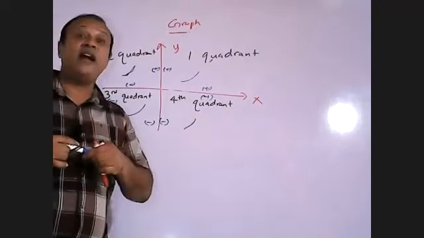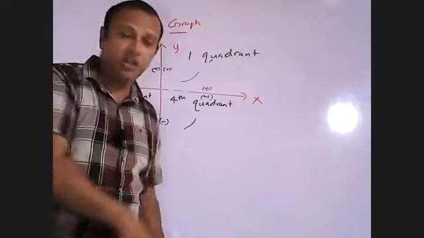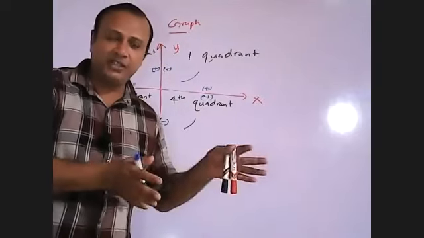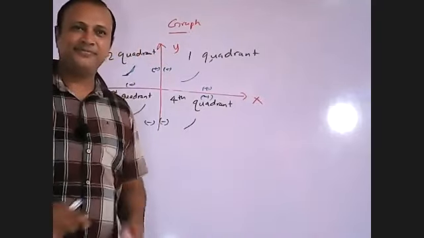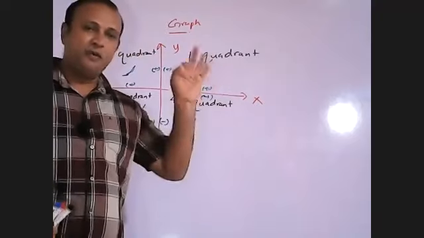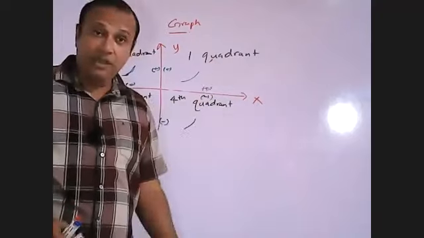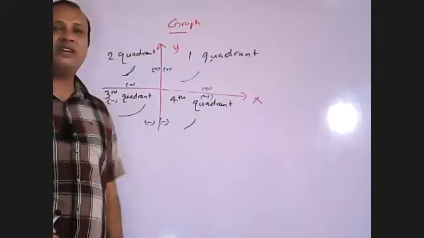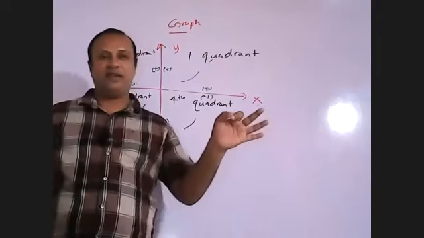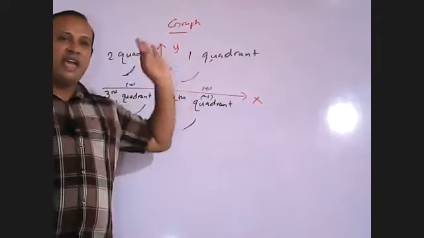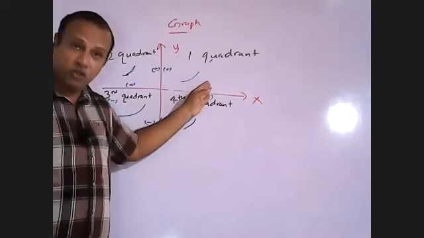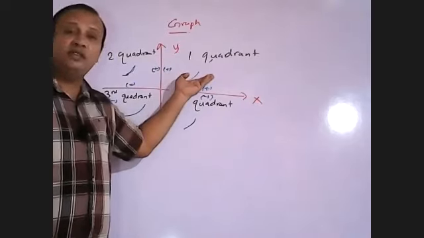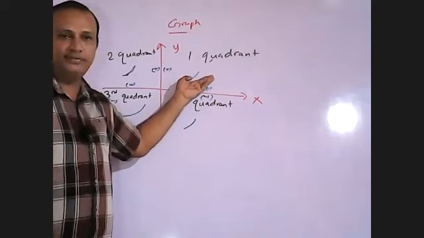So what is the factor that decides the location of the graph? The positive or negativeness of the x and y coordinates. If x and y coordinates are both positive, the location of the graph is the first quadrant.